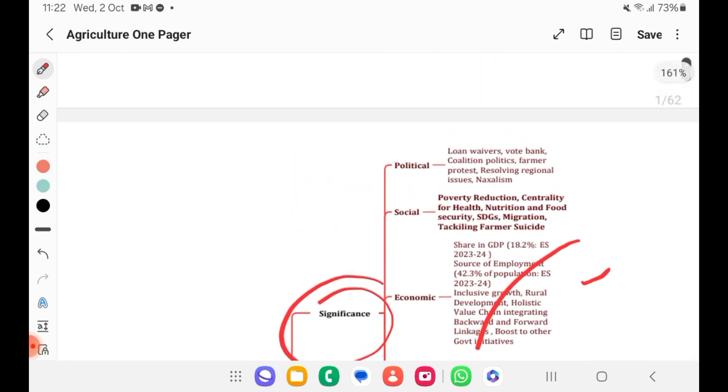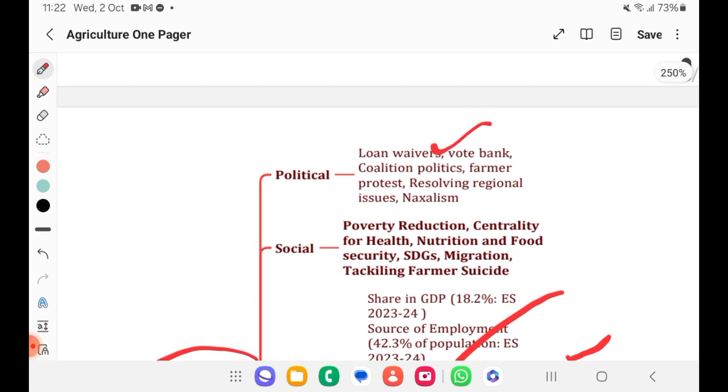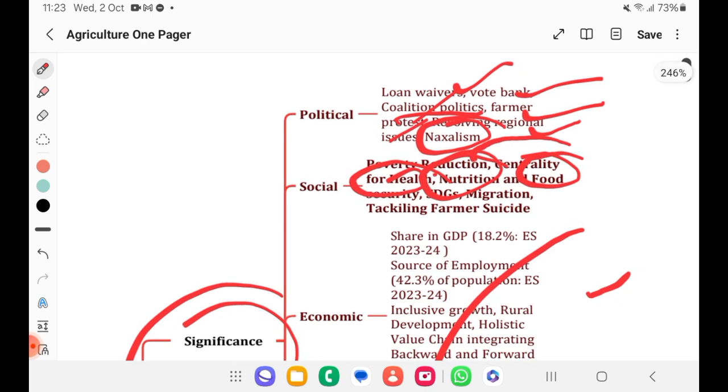So politically, we already revised that: lone weaver, vote bank, coalition politics, farmer protest, resolving regional issues and Naxalism. I told you resolving regional issues and Naxalism are very important points. Then if you come to social: poverty reduction, health centric, nutrition centric, food security centric, and SDGs, migration, tackling farmer suicide.